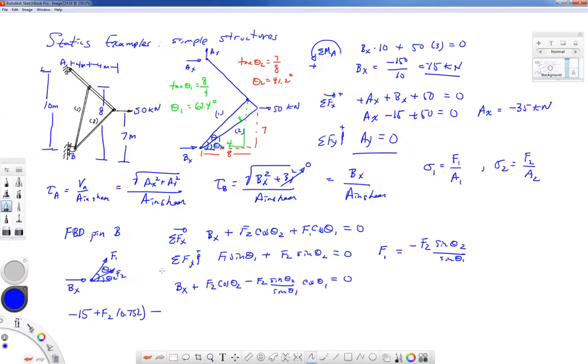You should probably check my math, but I have 0.3298 F2 equal to 0. Okay, I'm going to take the 15 and move it to the other side. I'll combine those F2 terms and then divide, and I end up with F2 being equal to 35.5 kilonewtons.